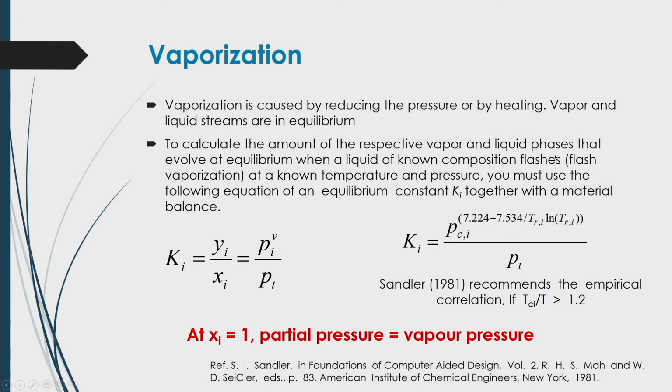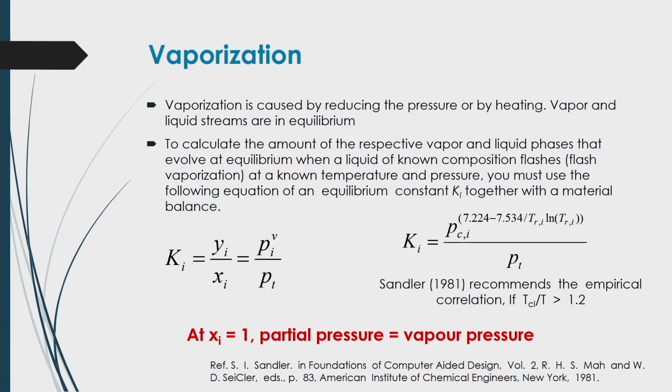Next we will go to the vaporization process. What is vaporization? Vaporization is basically caused by reducing the pressure or by heating. Vapor and liquid streams are in equilibrium there.